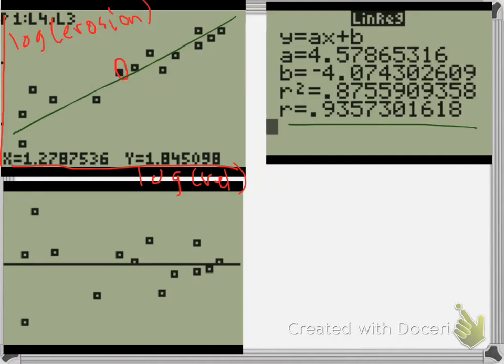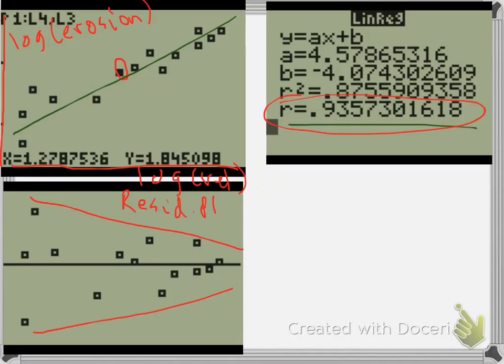So we saw a pretty good correlation. The model, though, has a similar problem. When I did the log, the residual plot here basically has that same tapering effect. And so the model isn't really going to be useful here.